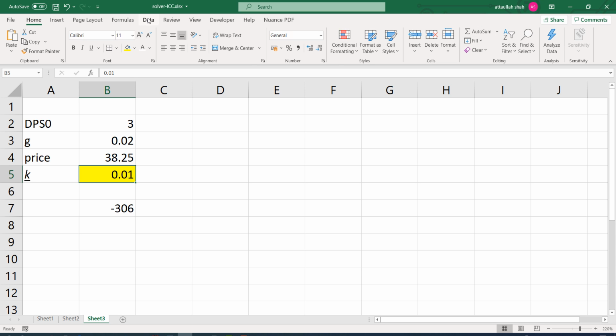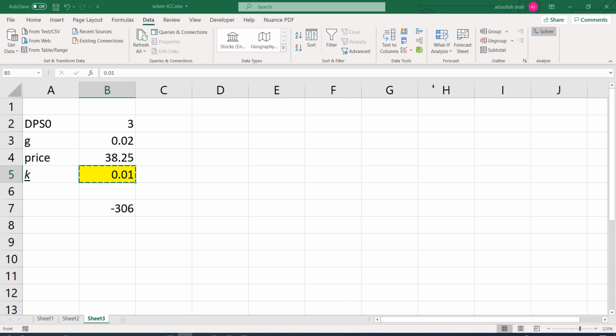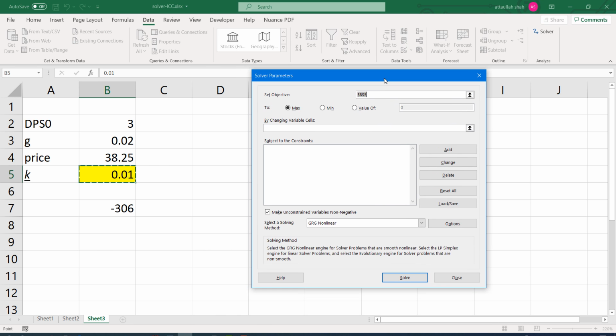So let's go to solver. Our objective cell is the share price formula, this one. And in this case, we are not maximizing anything or minimizing. We are trying to get a value of 38.25 from this equation.